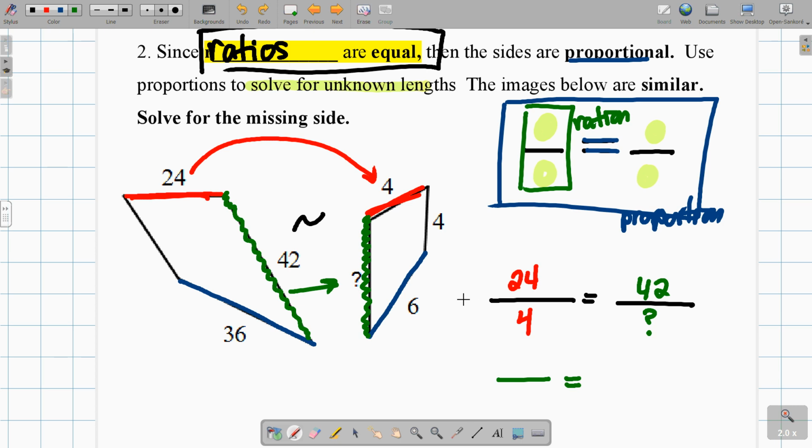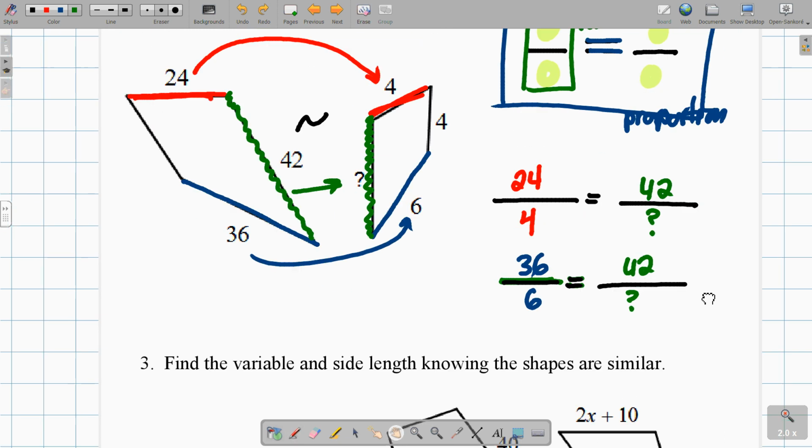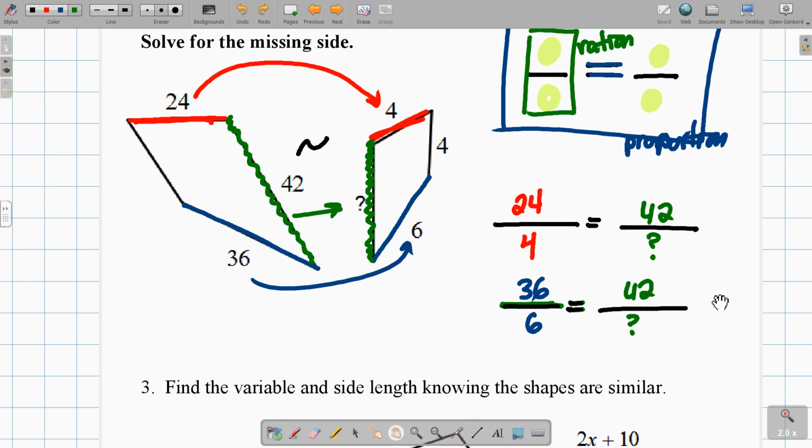I have more than one option here. Doesn't matter which one I choose, actually. Or I could do medium to medium, 36 to 6, left to right again, 42 over unknown. Either one works just fine. It doesn't matter.